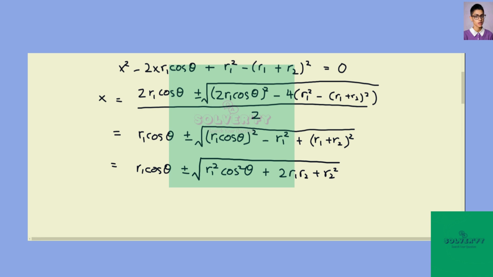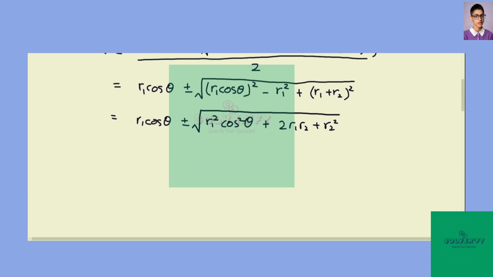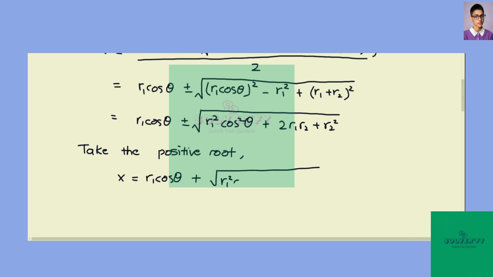Then we are going to take the positive root, so x equals R1 cosine theta plus the square root of R1 squared cosine squared theta plus 2 R1 R2 plus R2 squared.